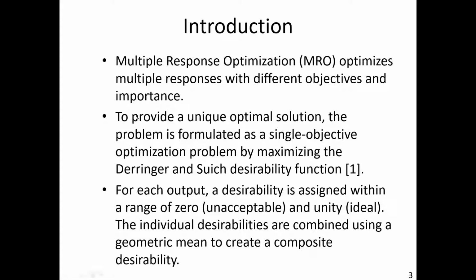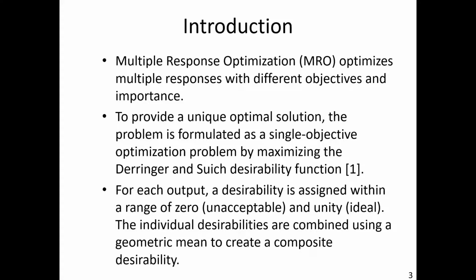So to begin, multiple response optimization optimizes multiple responses with different objectives and importance. So to provide a unique optimal solution, the problem is formulated as a single objective optimization problem by maximizing the Derringer and Suich desirability function.